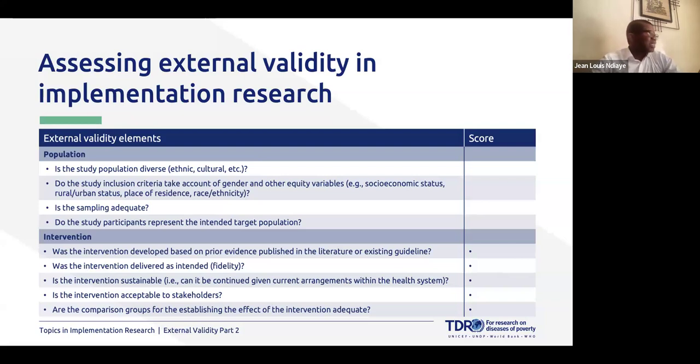Is the intervention acceptable to stakeholders, so the different partners that are involved in that strategy, meaning the health system, the partners, the communities, etc.? And are the comparison groups for establishing the effect of the intervention really adequate? Those you are targeting for the intervention, are they really adequate, meaning the disease is there, or what you are assessing, could it really be evaluated?